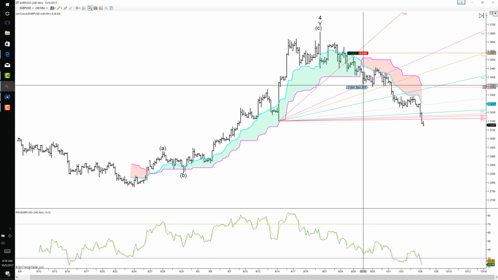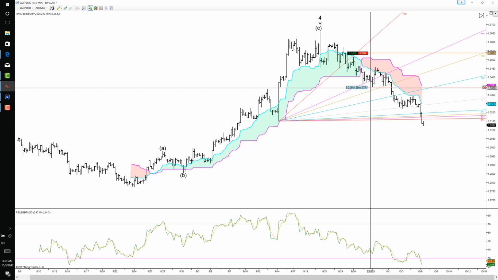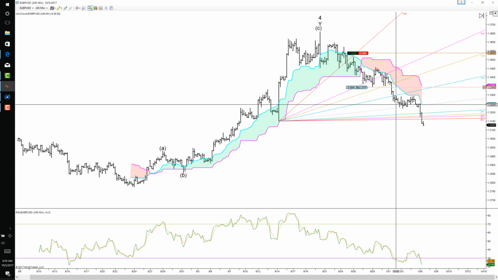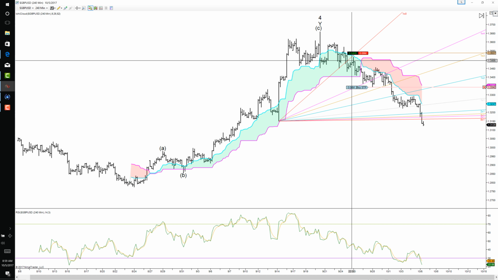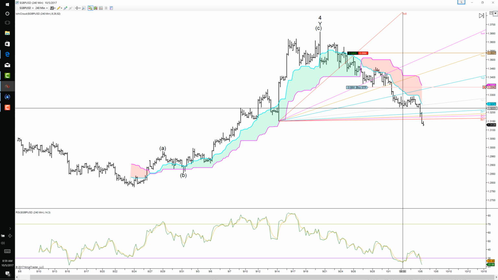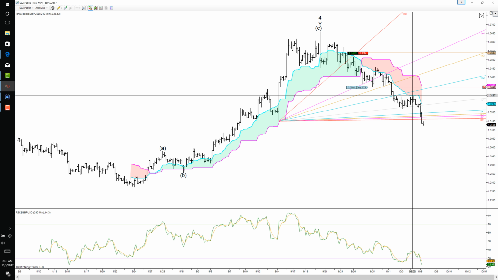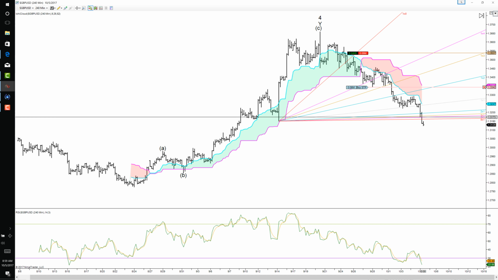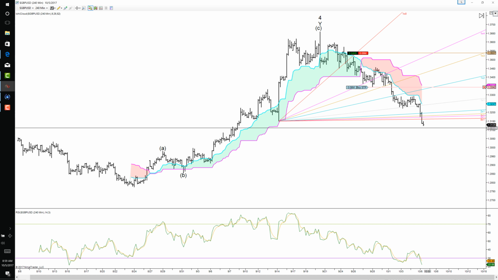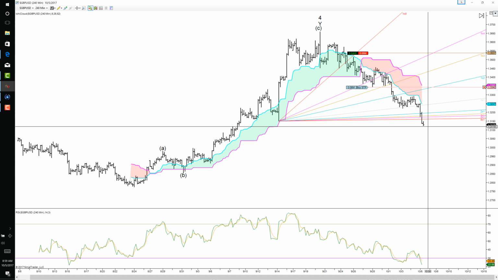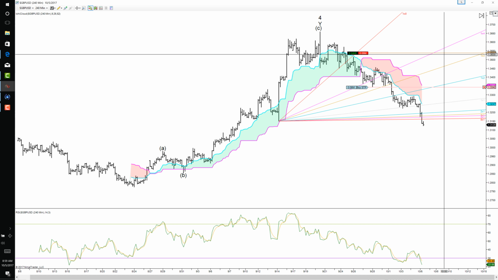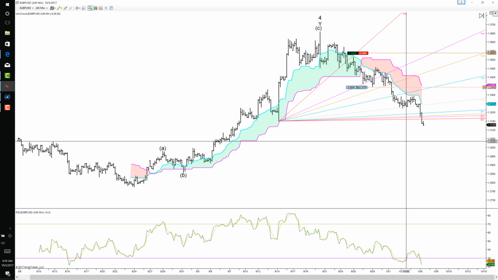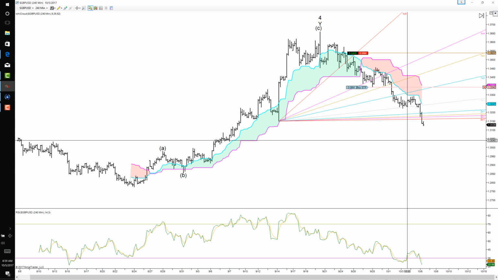You could do a 3 here, 4, and then maybe a 5 for 3, which will be an extended wave 3, and then possibly a 4 here, and then 1, 2, 3, 4, and then 5, which should find some serious support near the 131.20 level. However, it does have the potential to come to around 130, so another 100 ticks or so.